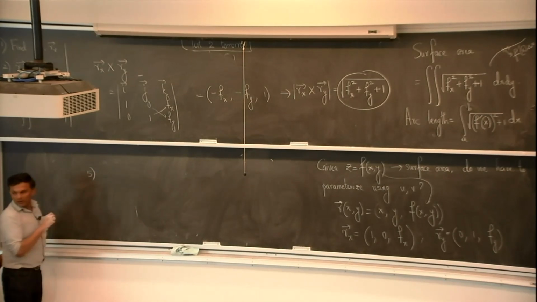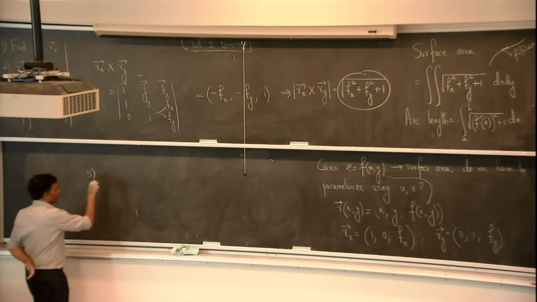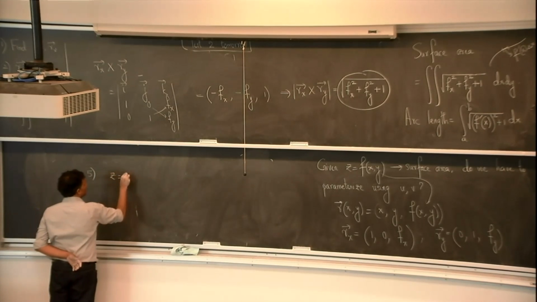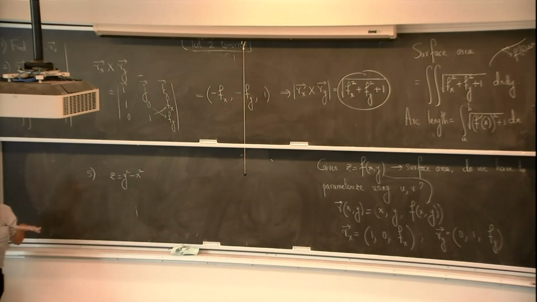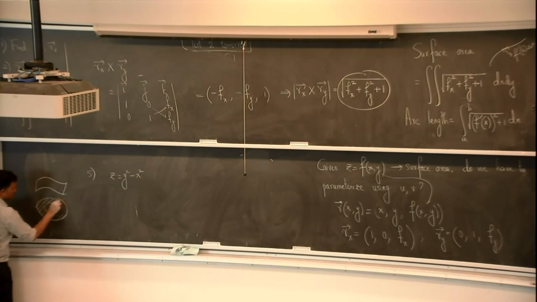Problem 5: find the area of the part of this surface, y square minus x square, which is some kind of a saddle shape. And that is lying above the region. So there is a circular region which is kind of between two circular boundaries of radius 1 and 2.